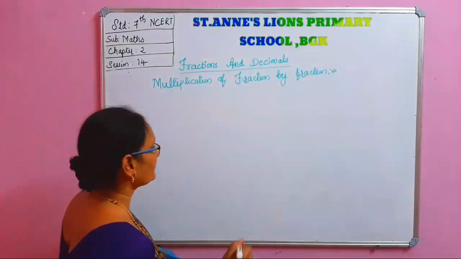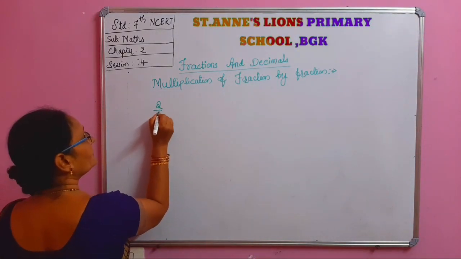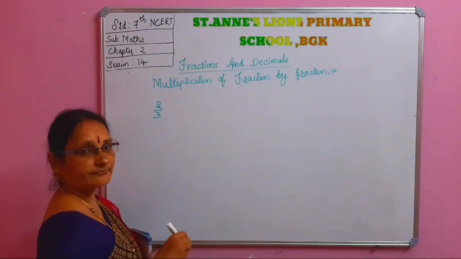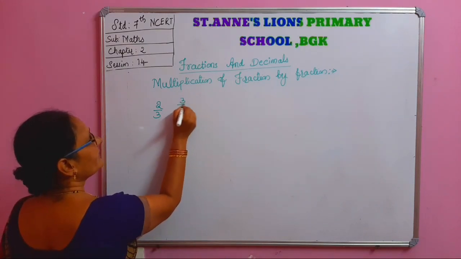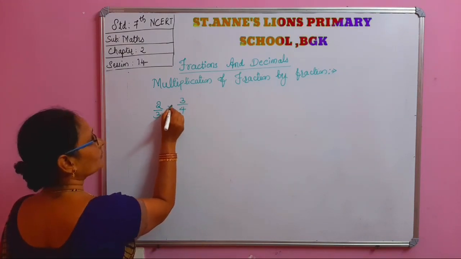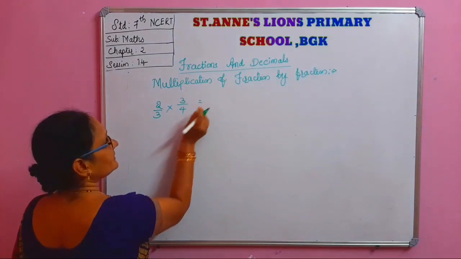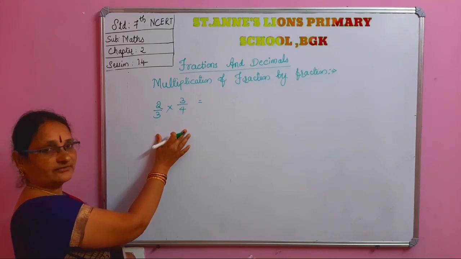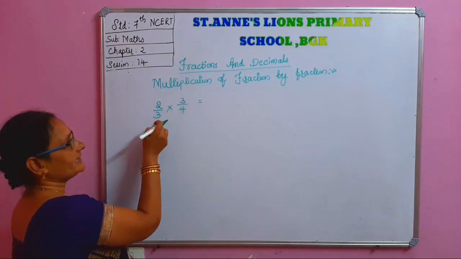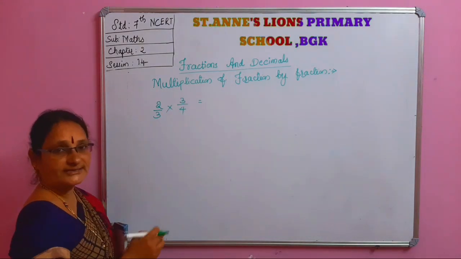See, very easy students. Suppose 2 by 3 is a fraction and 3 by 4 is a fraction. How to multiply? First, when you write the two given fractions, if any cancellation is possible, you have to cancel it.